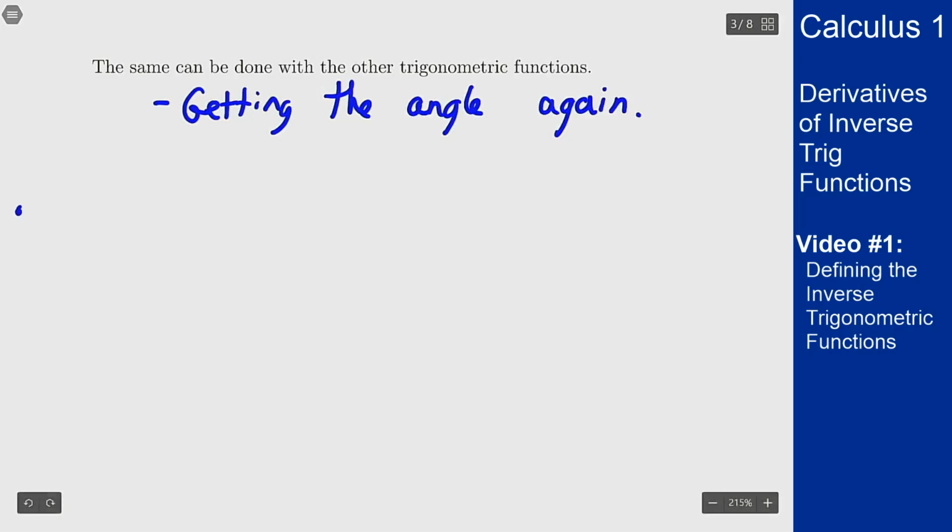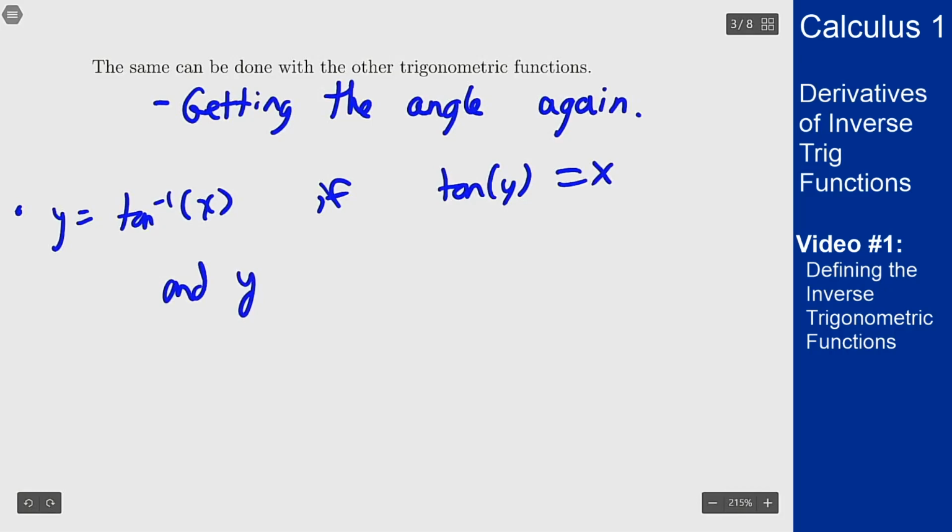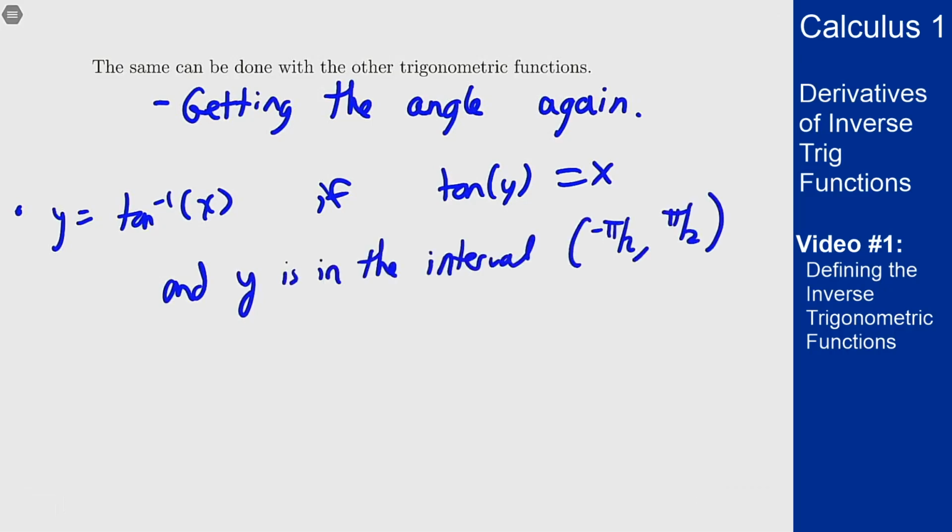So again, we basically have that y equals, say, inverse tangent of x if tangent of y equals x, and y is in the interval from minus pi over 2 to pi over 2. If you think of the graph of tangent, that gives you one of the swoop curves of the tangent function. If I take one of those, that will give me one covering of everything and give me a unique value that defines the inverse function.